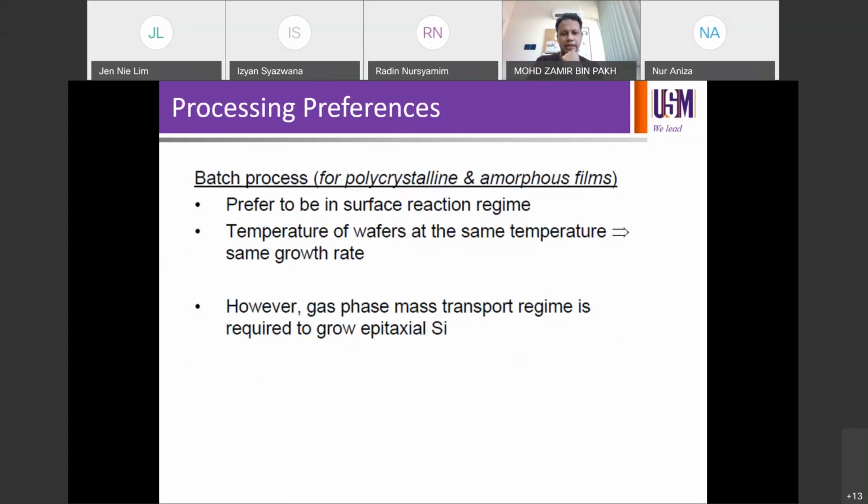With wafers at the same temperature, you get the same growth rate. So you need to ensure that when you run batch processing, the wafer temperatures are exactly the same for every single wafer. Right. However, the gas phase mass transport regime is required to grow epitaxial. Epitaxial is a little bit more complicated because it is related to layer by layer deposition.